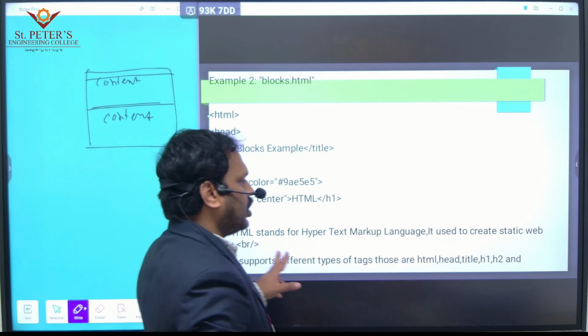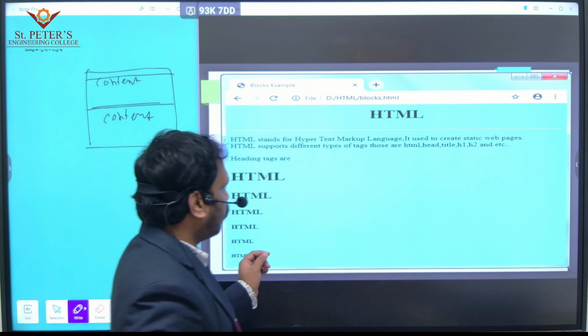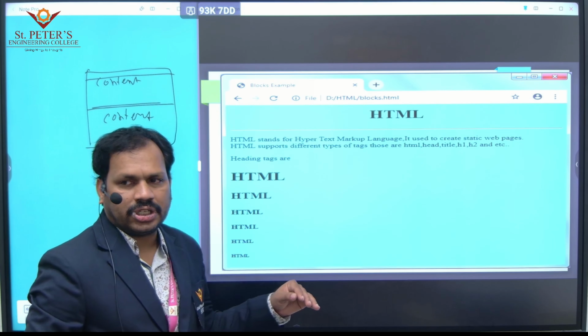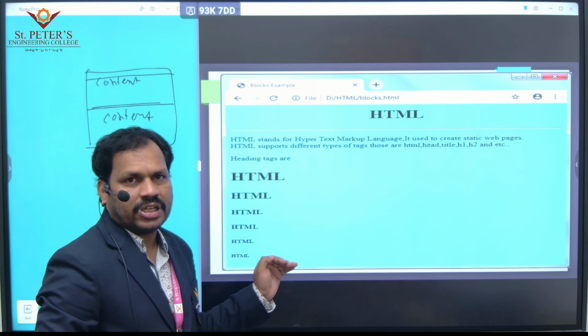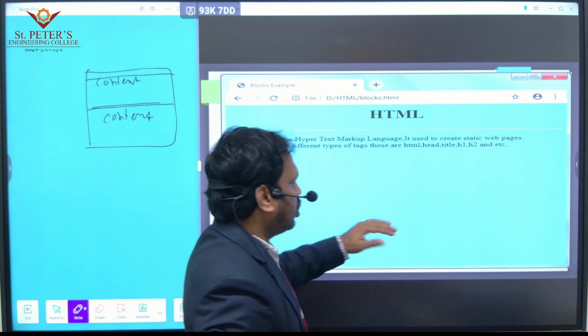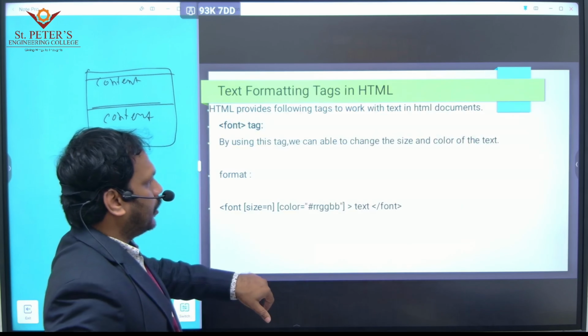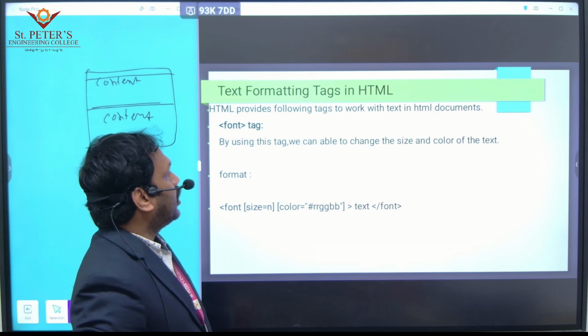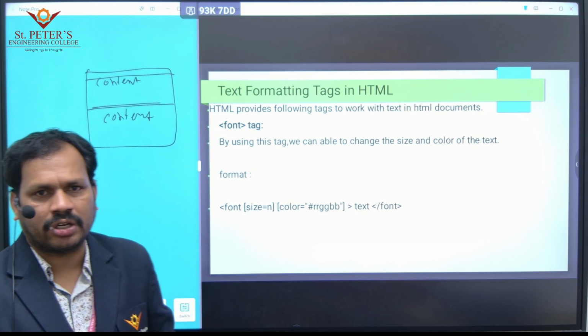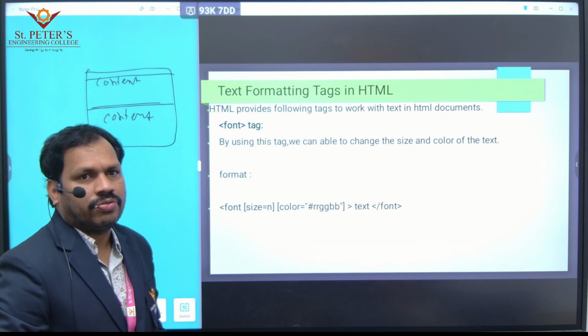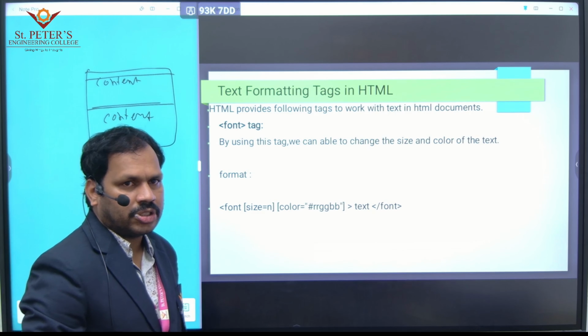By using H1, H2, H3, H4, the sizes are going to be decreasing. From maximum size to minimum size, it is going to be reducing. So this is going to be displaying the content. And text formatting tag. The text formatting is nothing but the font we are going to be specifying.